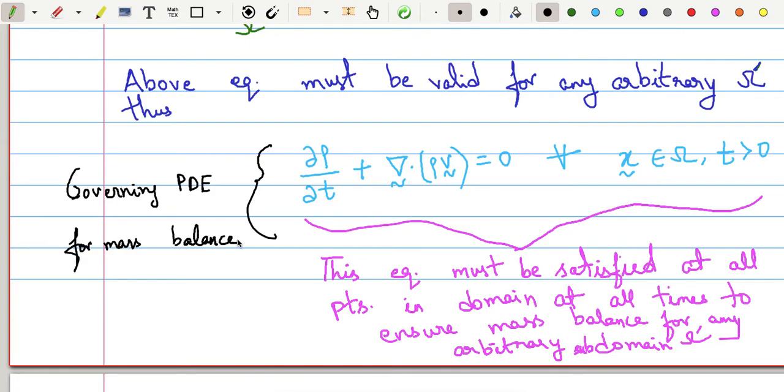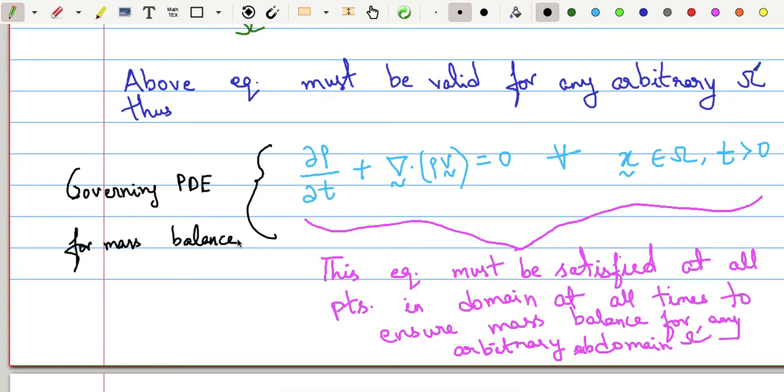Now, did we make any assumption regarding the material for which this will be valid? Is any assumption involved over here with regards to the material, or whether this is a static problem, dynamic problem, transient problem, steady state problem? Did we make any assumption anywhere? No, we did not make any assumption.